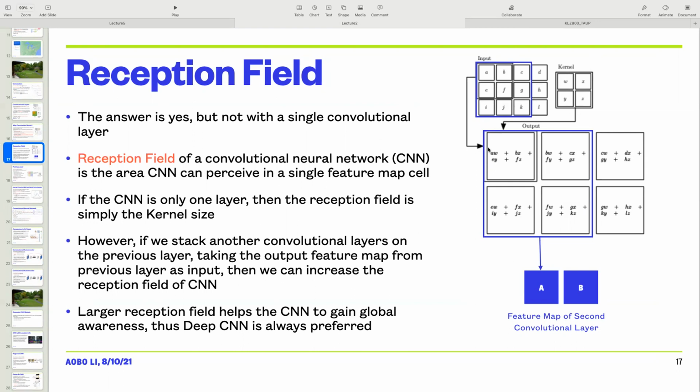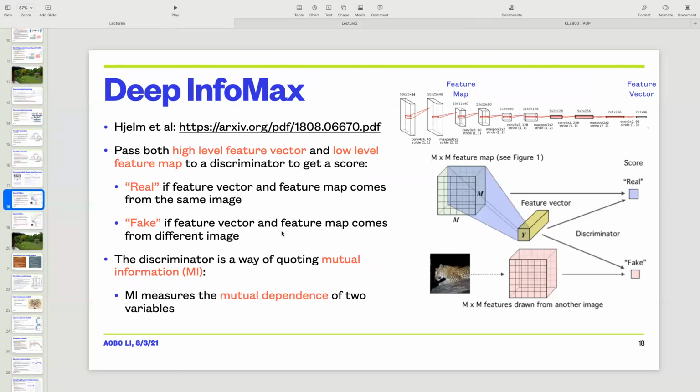But as you go deeper and deeper into your convolutional neural network, your receptive field increases, which allows you to aggregate all the features together into a larger awareness. So in that part of the network, you can capture a higher level of feature, for example, like what you mentioned: is it a car, is it a cat, or something like that? Yeah. Okay, thank you. So the depth of the network is critical here.